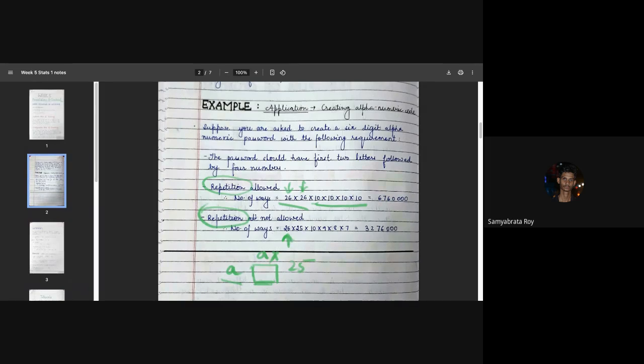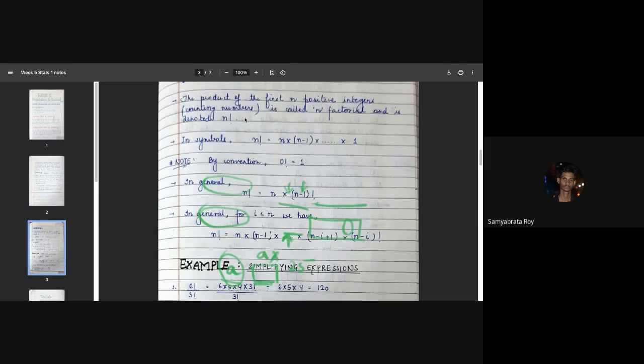The choices are getting reduced by 1 just because I have used something here. So I am multiplying it with 25. Same goes with numbers. I'm starting with 10, and the number of choices is getting reduced by 1 each time I'm placing something on a place. So eventually I'll be remaining with 7 choices at the fourth place. Cool? Any doubt so far?